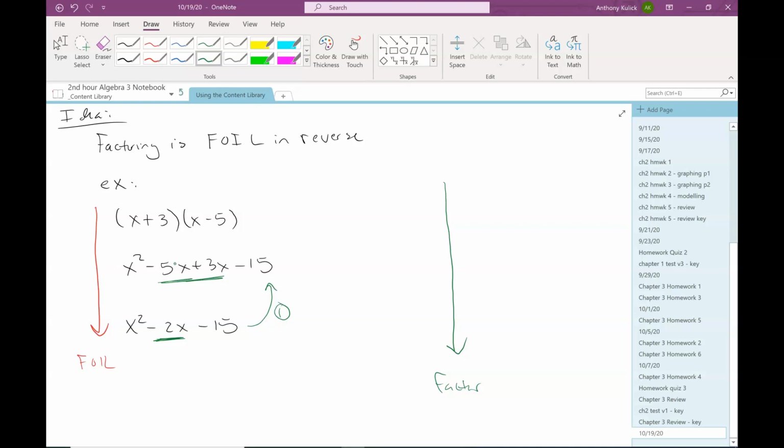So to do this, we need to answer the question, what two numbers multiply to get A times C and add to get B? And when I say A, B, and C here, I'm talking about the coefficients A, B, and C for my standard form polynomial.